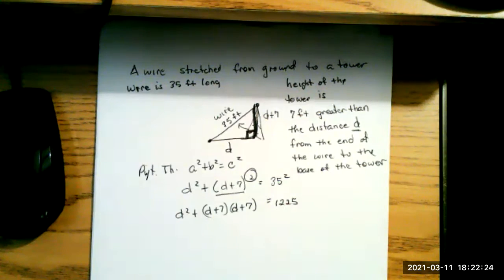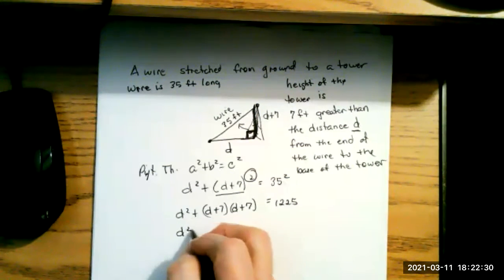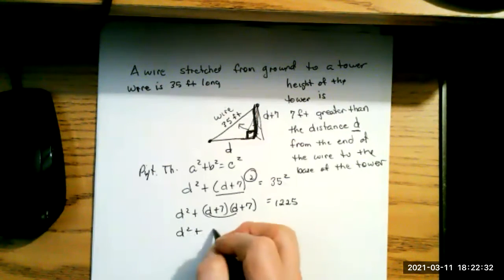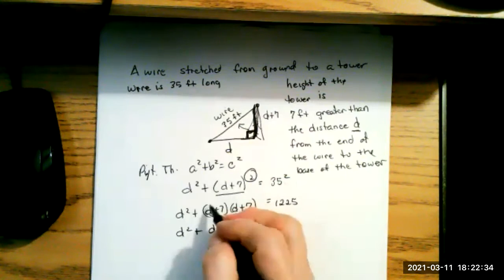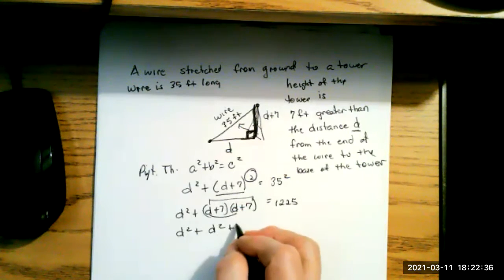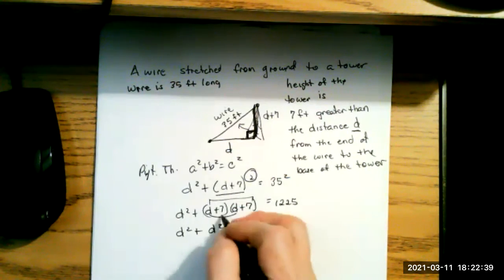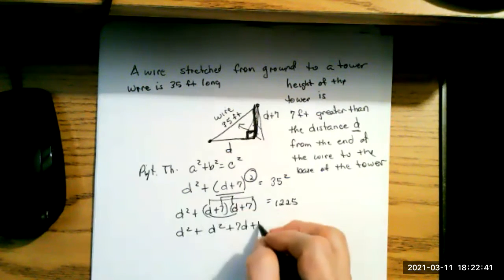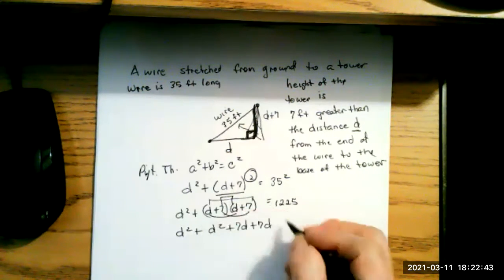It's a lovely number. Okay, now then I've got D squared, 7D, 49.